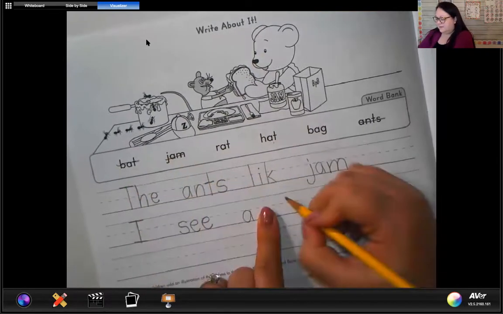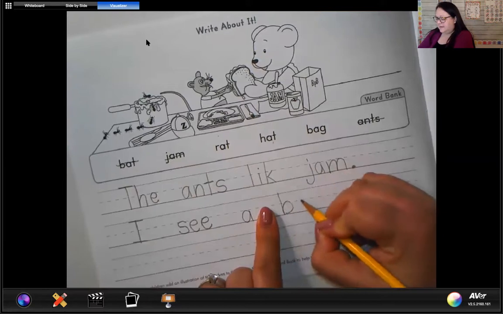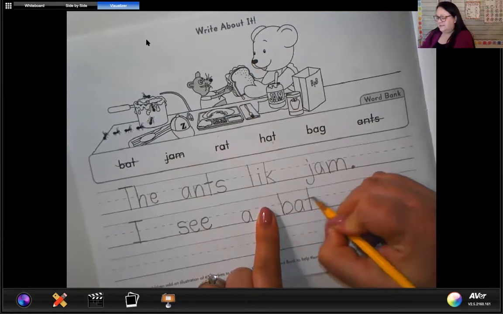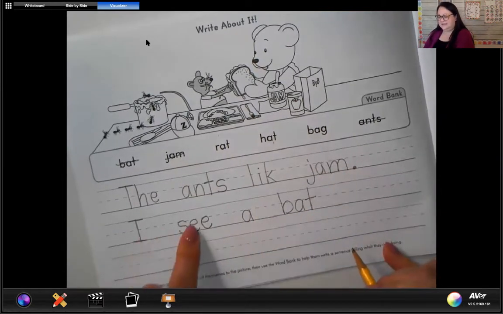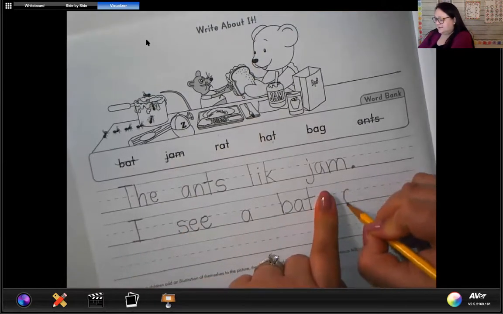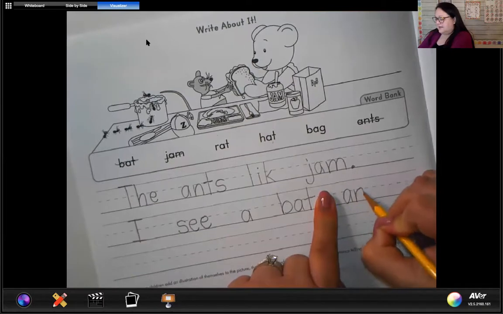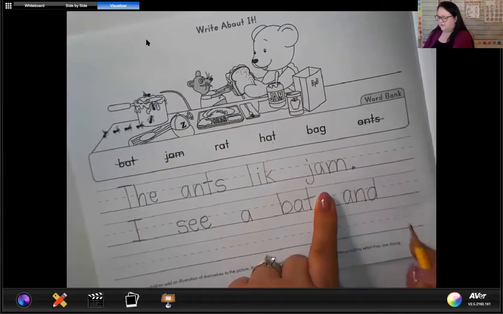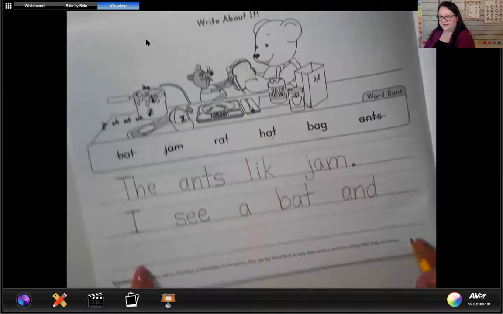Use that word. B, A, T. I see a bat, finger space, and a, and. Yeah, I'm out of room, so I should probably go to the next line.